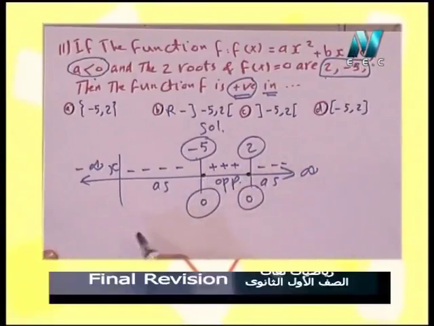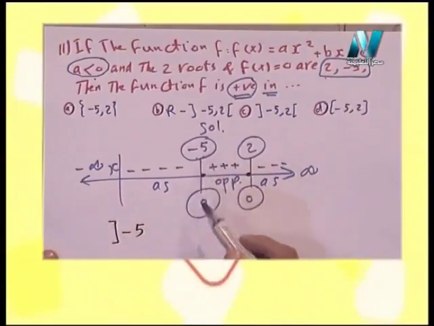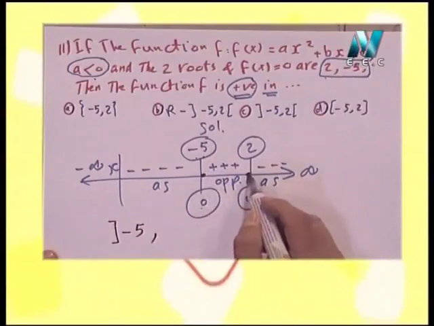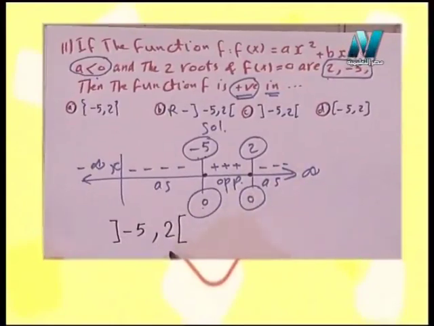So the positive part will be negative 5, but it's open because negative 5 itself will be 0, and its end is directly before 2, so we put 2 also as open.